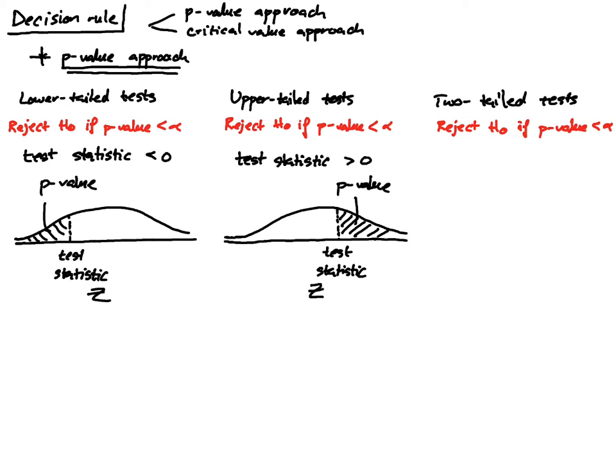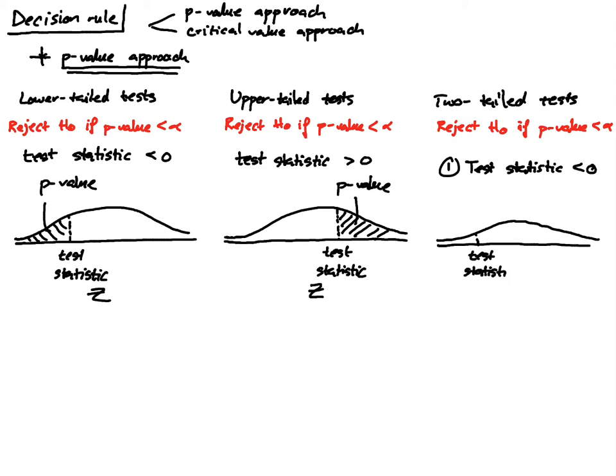Now, when you do a two-tailed test, the test statistic can be negative, the test statistic can be positive, right? There's not a single rule. So let's first look at the case where the test statistic is negative. If the test statistic is negative, let's say it's right here, the first thing you want to do is to identify the negative of the test statistic.